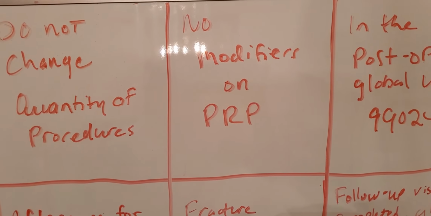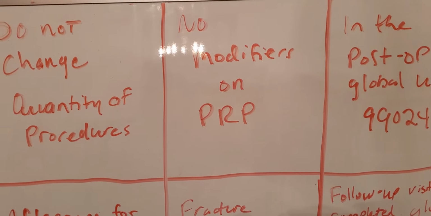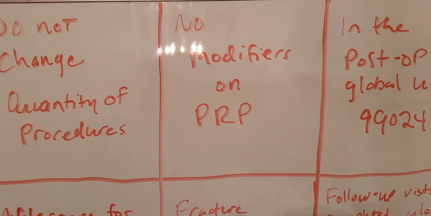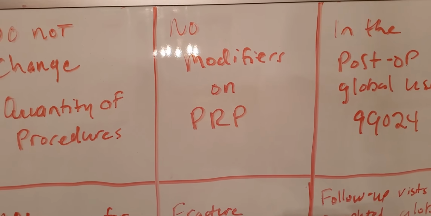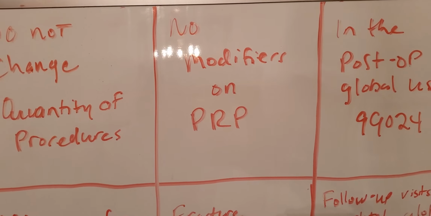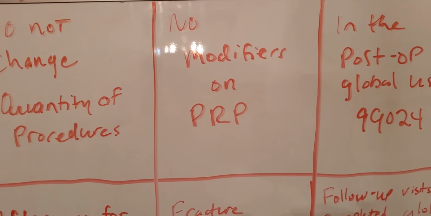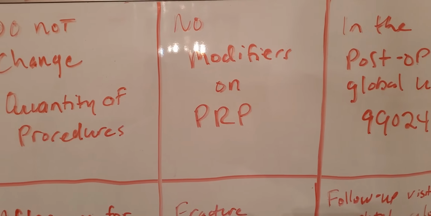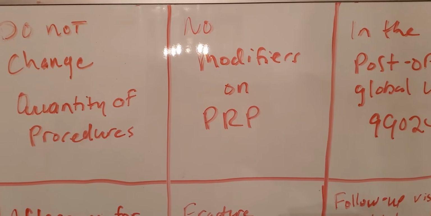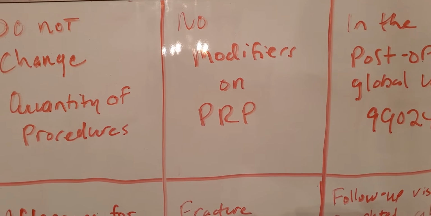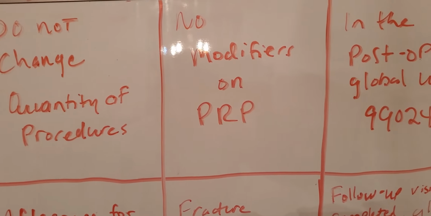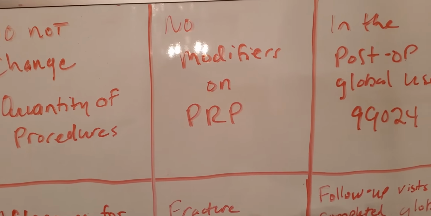It does not matter how many times it is performed on the patient on that day. That's just the way it is. So again, it's triggering errors for me. To keep my boss, Bleu, from having to constantly email me about errors, I'm telling them now, do not put modifiers on PRP.